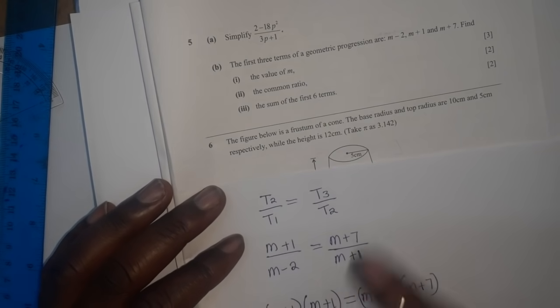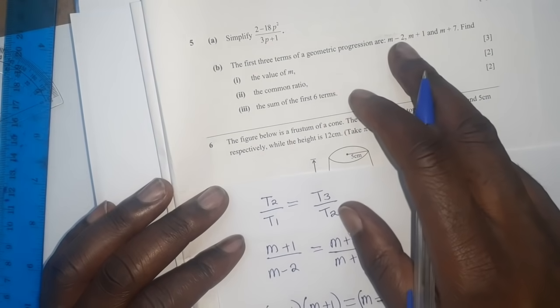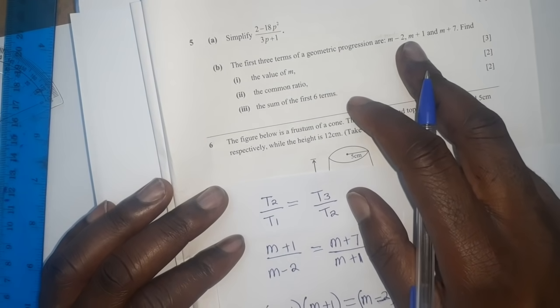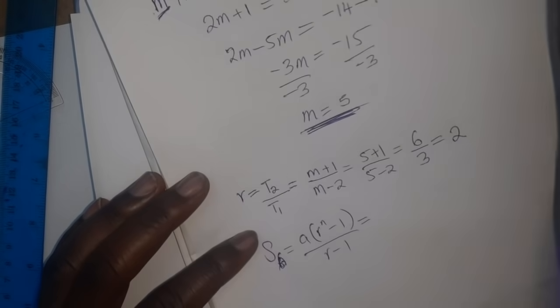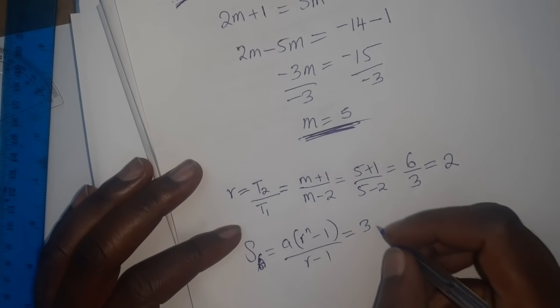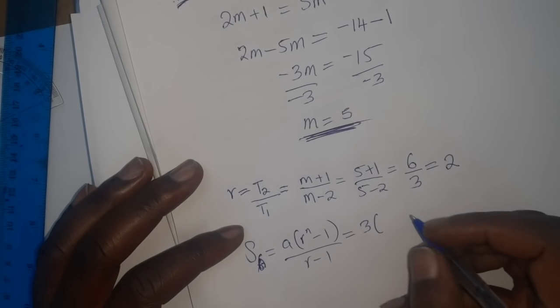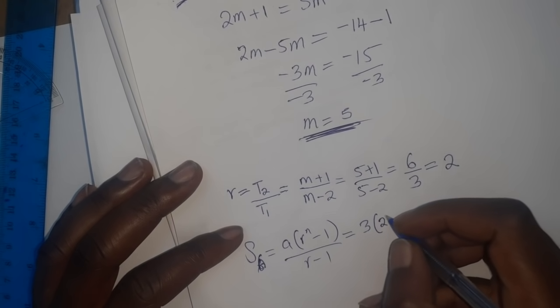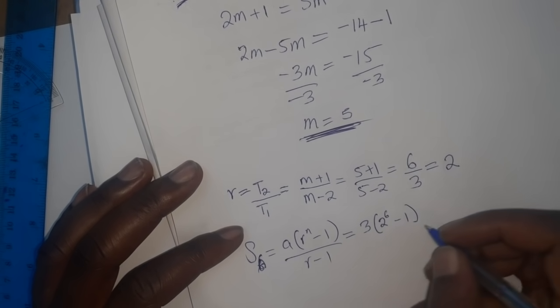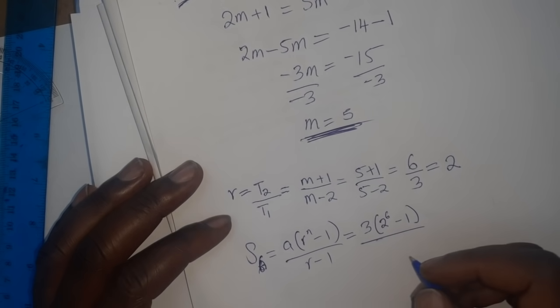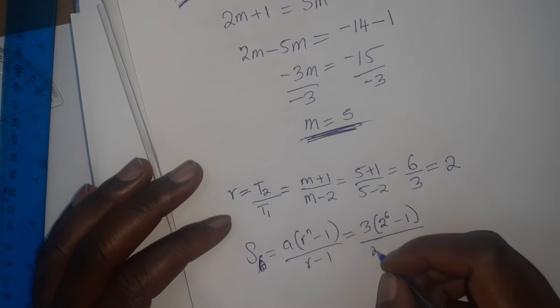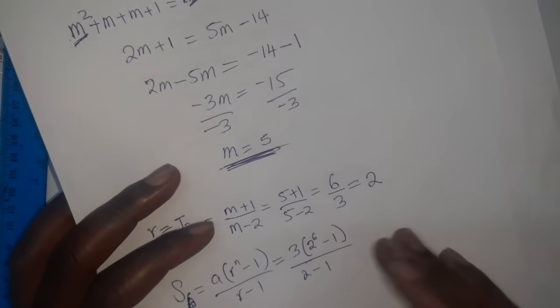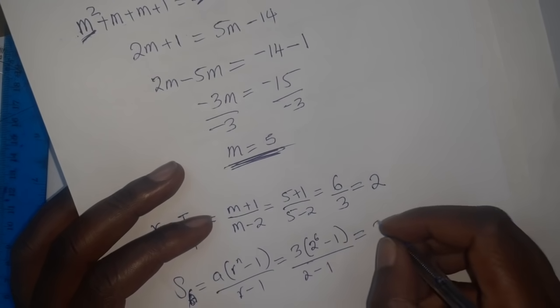When you go back to our terms, the first term is m minus 2. So our first term is 3. Then what is our common ratio? Our common ratio is 2, to the power 6 minus 1 over 2 minus 1.